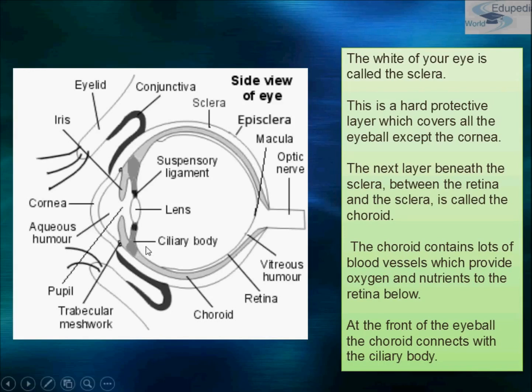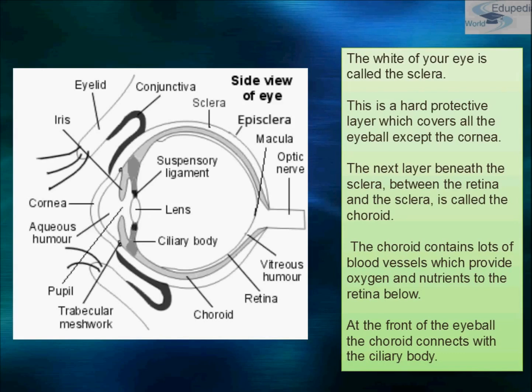That means the ciliary body is nothing but a thick form of choroid. It is attached to the suspensory ligaments, and along with them it helps in holding the lens in position. As you can see, the function of the ciliary body is to hold this lens in position.